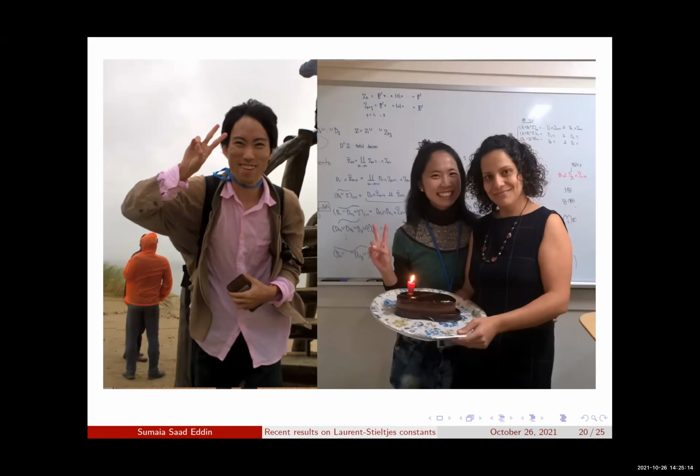After that, we decided we would not submit this result. We wanted to investigate these coefficients for more general L functions. At the beginning, we considered functions in the Selberg class, but later we discovered we can also extend to a class larger than the Selberg class.